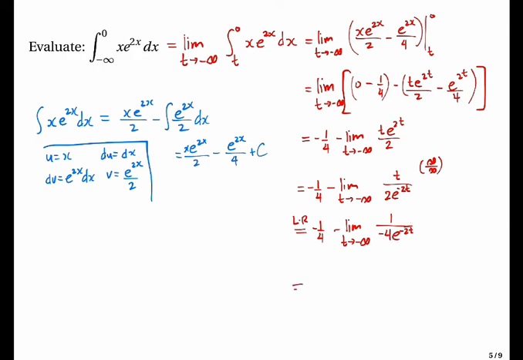And therefore, we will have minus 1/4. So again, this guy here will go to 0. So we have a value, negative 1/4, and therefore, we have a convergent improper integral.